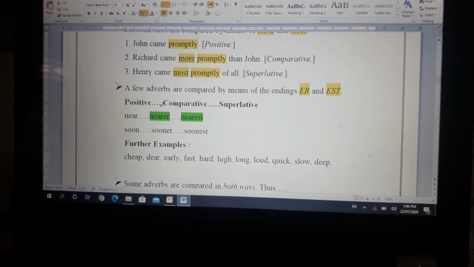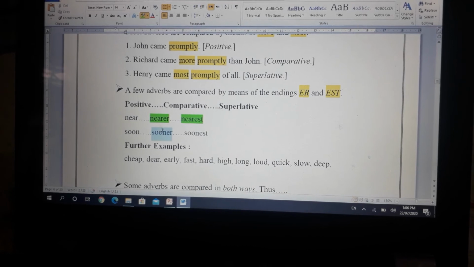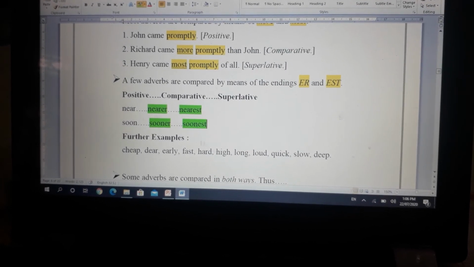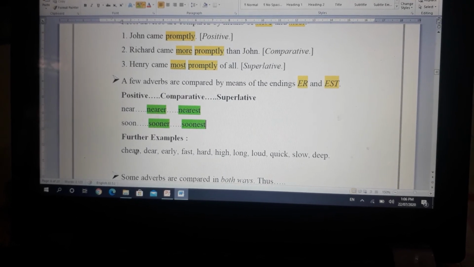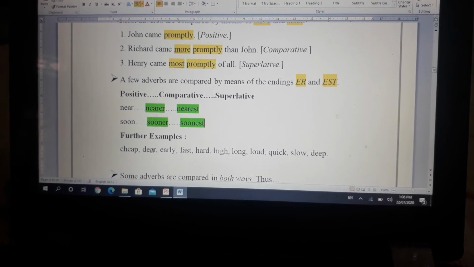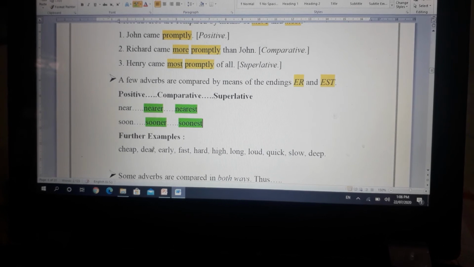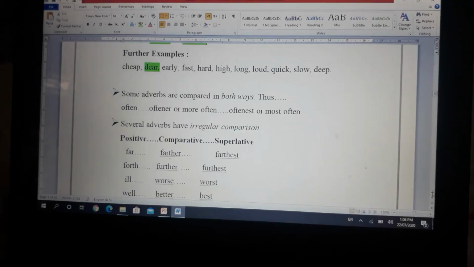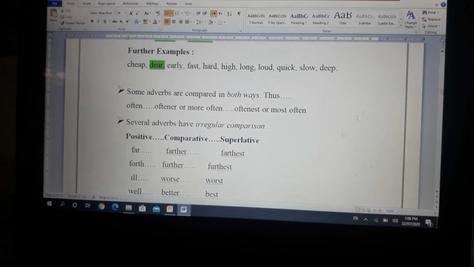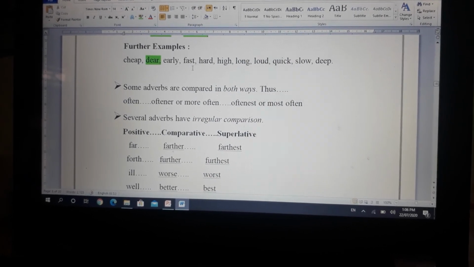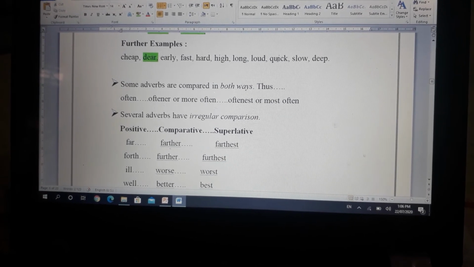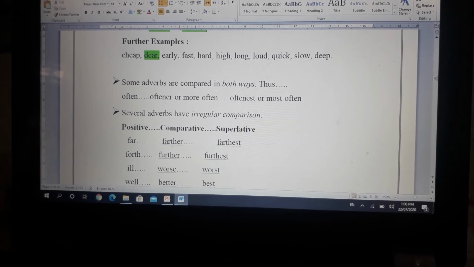Okay, then soon, sooner, and soonest. Further examples like cheap, cheaper, cheapest, dear, dearer, and dearest. Fast, faster, fastest. Quick, quicker, quickest.